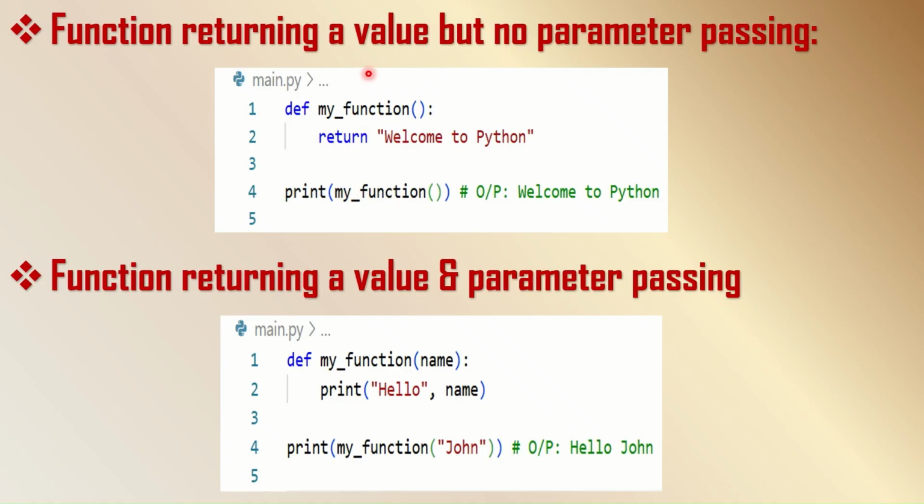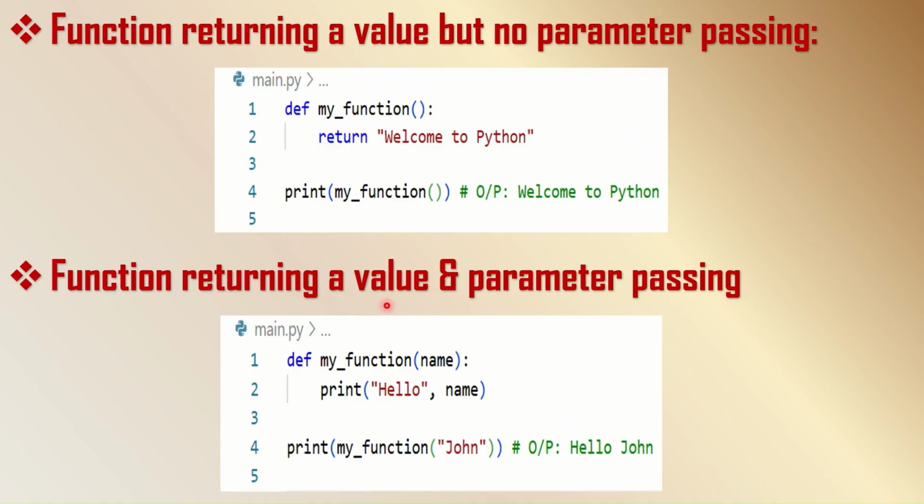In the fourth line I'm calling this function with no parameters passing. Whenever this function is called, this function will be executed, and within this function we have the return statement, so this value is returned back. Whenever it is returned back, it comes here and then it will print the statement: welcome to Python.